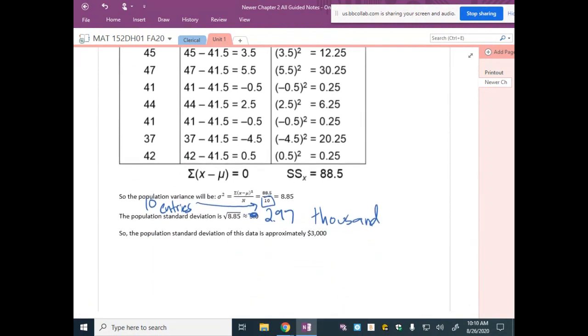So the population standard deviation of this data is approximately $3,000. Or 2,900, basically, for all intents and purposes, $3,000. The purpose of standard deviation is to measure spread, how far the data are spread.